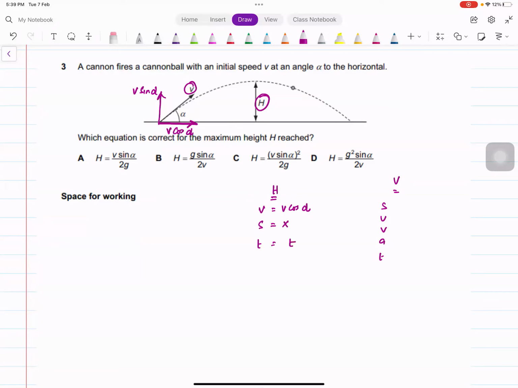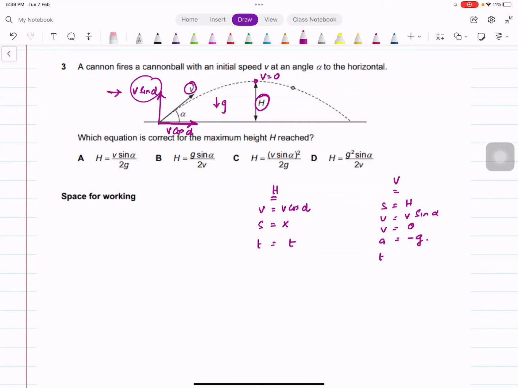Let's keep it as t. And the vertical displacement is h, and now it's going up. So initial velocity will be v sine of alpha. And at the highest point, we should remember the vertical velocity is zero. So this value is going up and acceleration is down, and this is t.